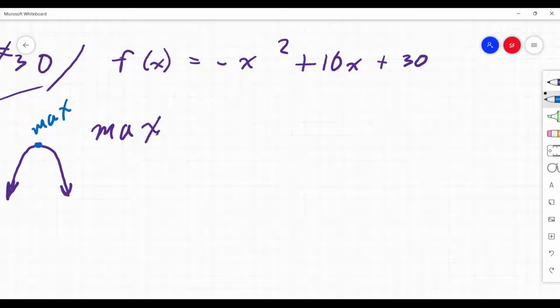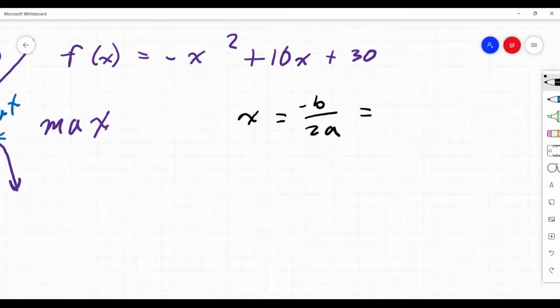Okay, right? Now, the maximum is going to be the same place as the vertex. So how do I find the vertex? So using the maximum equation. What formulas do I use to get to the vertex, boys and girls? For the x part: negative b over 2a.